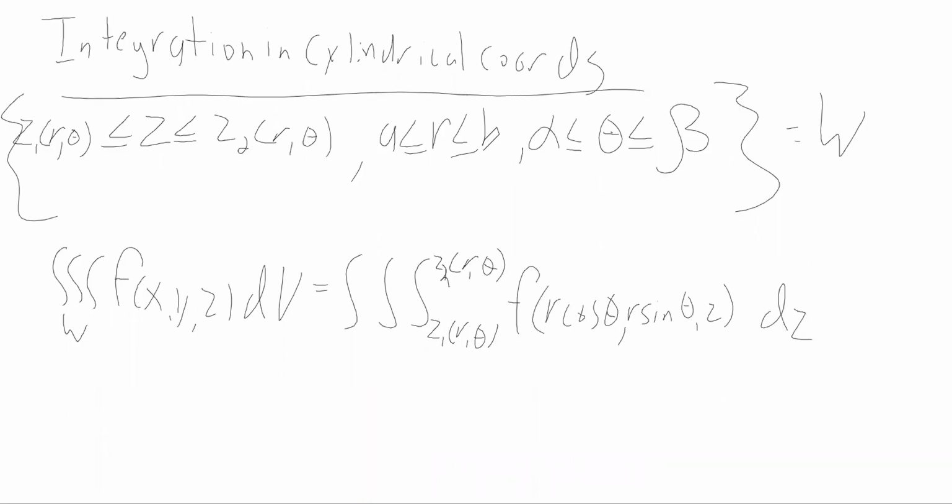So z is just z. There's no change of coordinates there, so that's still z. But we have to multiply everything by r dr d theta. So this whole thing is our dV, r dz dr d theta. So then r goes from a to b, and theta goes from alpha to beta. So you can't forget that r here.